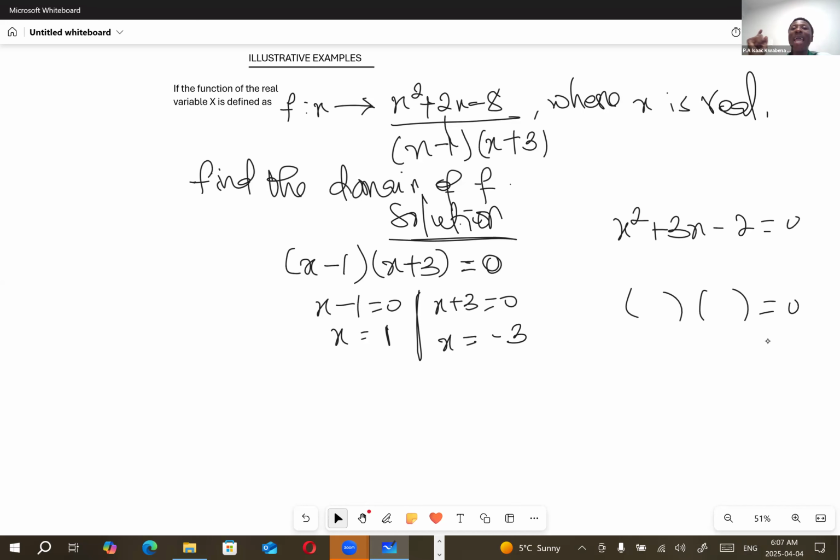Any number that will make the base 0 is not part of the domain, because the moment the denominator becomes 0, the whole fraction becomes impossible to solve. It will give you an error.